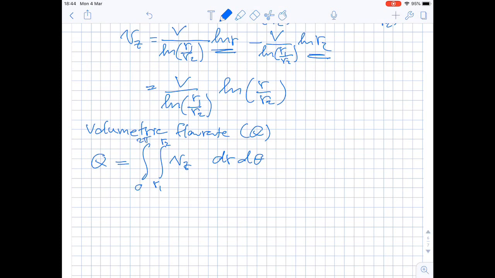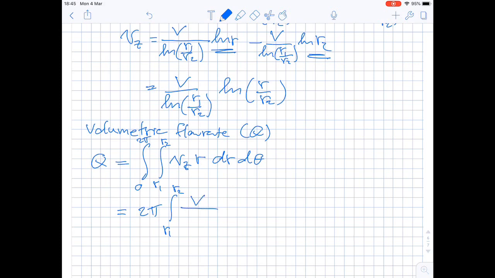But of course, according to calculus, for integration in cylindrical coordinates, you need to multiply by r in here. That's a part of the surface integration in cylindrical coordinates. Now, outside the integration of d theta, you can get 2 pi right away because whatever is inside has nothing to do with theta. The rest should be the integral from r1 to r2 of velocity.